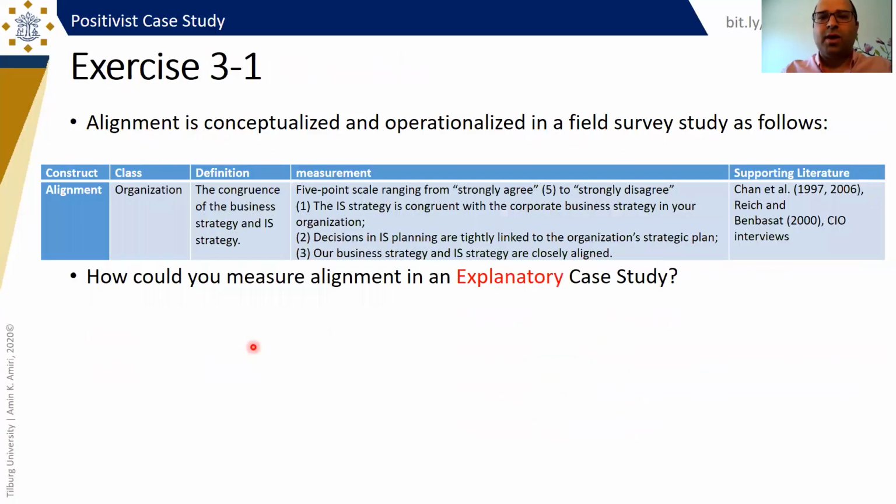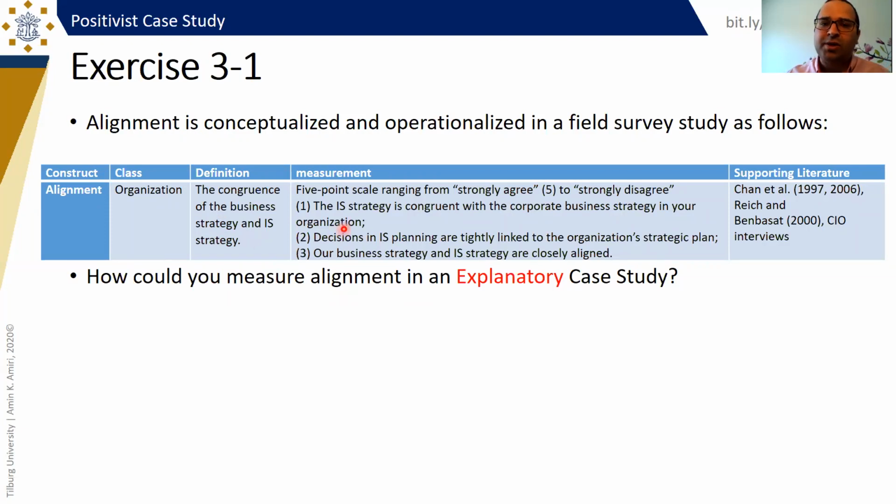So let's have an exercise. Assume that I have a field survey study. I have a construct called alignment. It's defined as the congruence between business strategy and IS strategy.